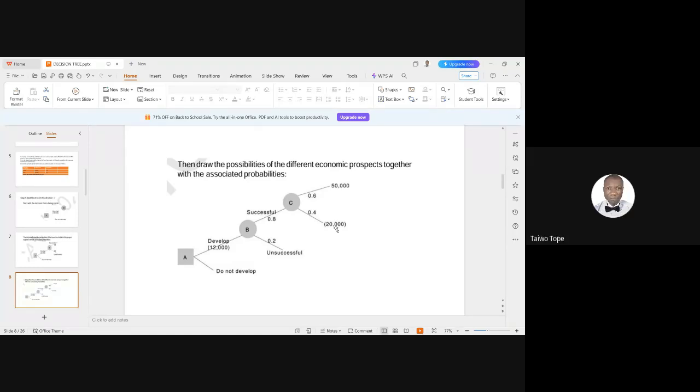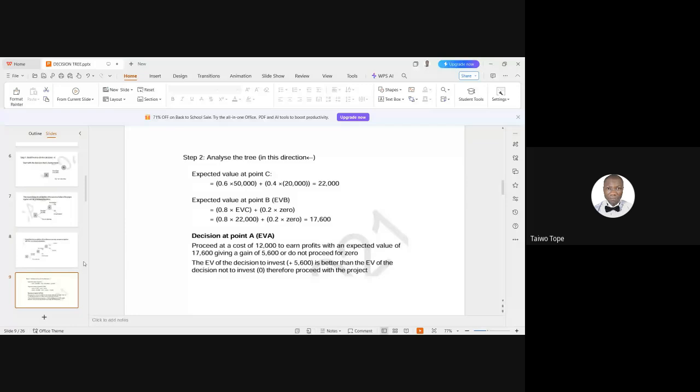So at this point, you can now work backward. How do you work backward? You can say 0.6 multiplied by 50,000. What will be the expected value? 30,000. Then 0.4 multiplied by 20,000, you have what? 8,000.